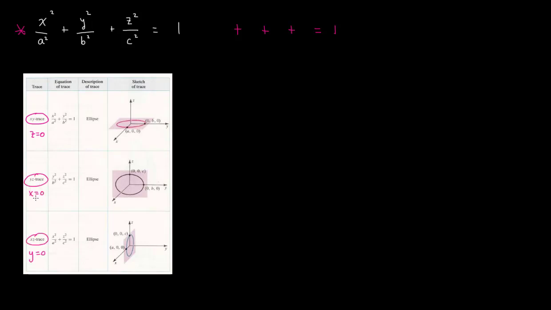In a similar way, if we let x equals 0, that plane slice into it, we have yet another ellipse, y equals 0, yet another ellipse. So when you slice into this thing in different directions, parallel to the different planes, we have an ellipse for each of the traces. And so you might guess what this object looks like. Any guesses on its name?